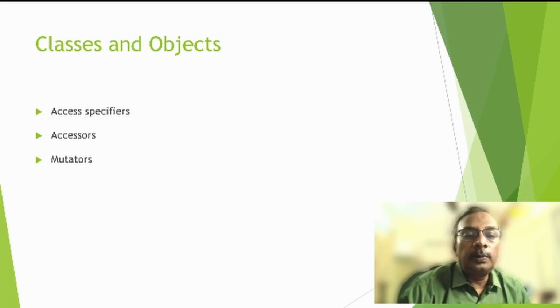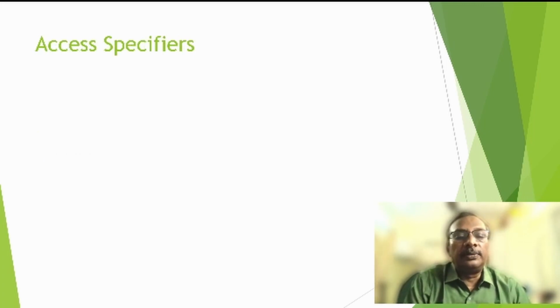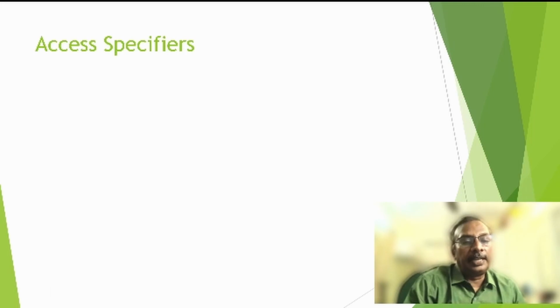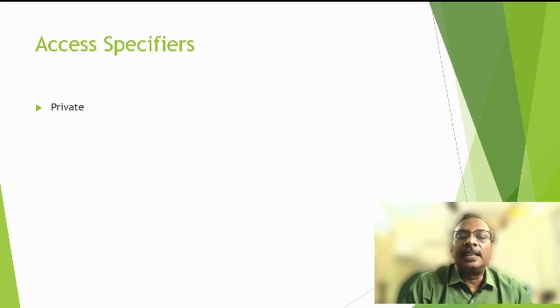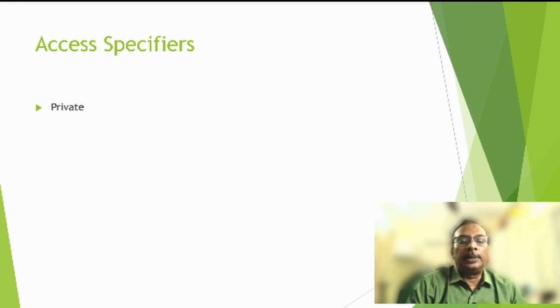Alright, so how do we define access specifiers? What are access specifiers? Access specifiers are basically some keywords that we specify. For example, when we define a class, we define their members and methods, which is synonymous to properties and functionalities. So properties, we can refer to as members, and functionalities, we can refer to as methods of a class.